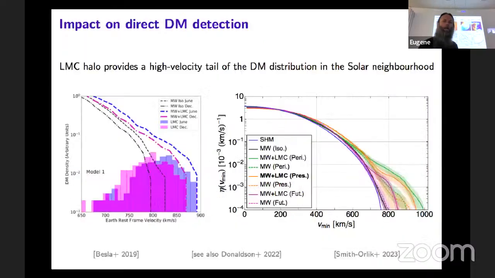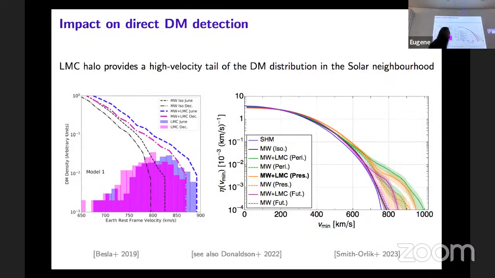Another thing that might be interesting for this audience is that the LMC, even though it is currently at 50 kiloparsec, has a dark matter halo that extends quite far. And the debris, in particular tidally stripped debris from the LMC's halo, might be traveling through the solar neighborhood, and it will travel with very high velocities. If you look at the distribution of velocities of dark matter in the solar neighborhood, obviously it declines with velocity, but the very tail of this distribution might be populated mostly by LMC debris.